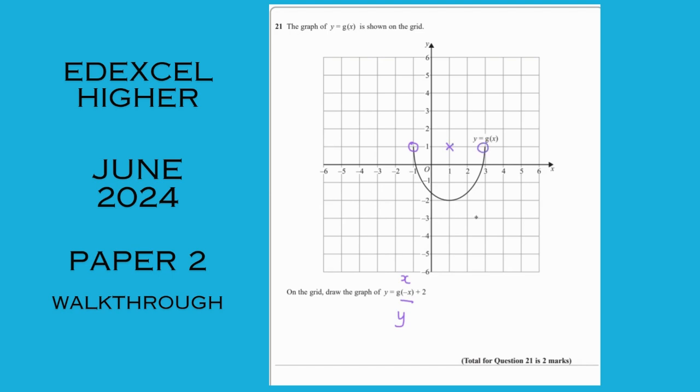This coordinate, 3 along. Alright, so total of 4 away, so 3 from the x-axis, 1, 2, 3 to there. And the minimum point's quite important, and that would reflect over here.